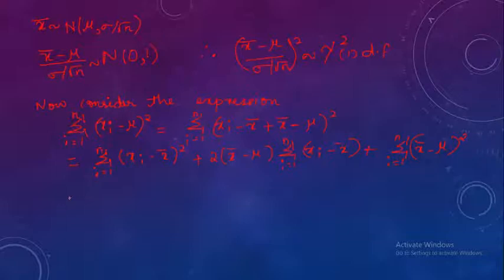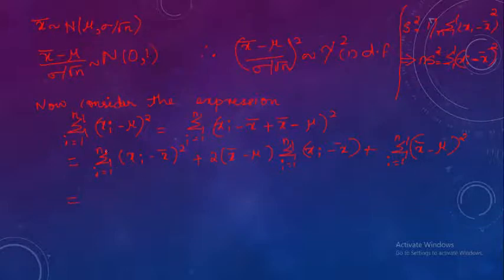Now this is equal to, now what is this? I hope you remember the formula of standard deviation. What was that? S square is equal to 1 by n summation xi minus x bar the whole square, which implies n s square is equal to summation xi minus x bar the whole square.